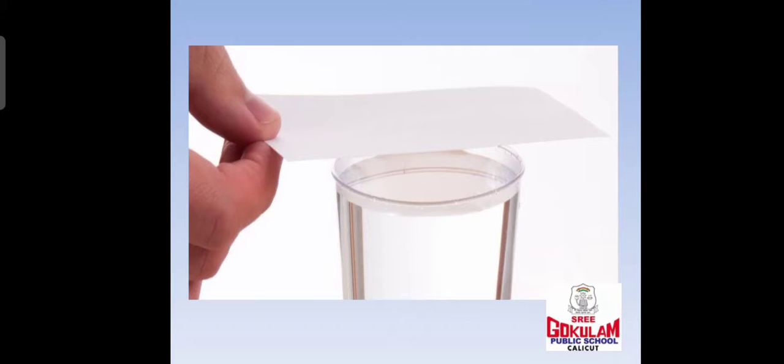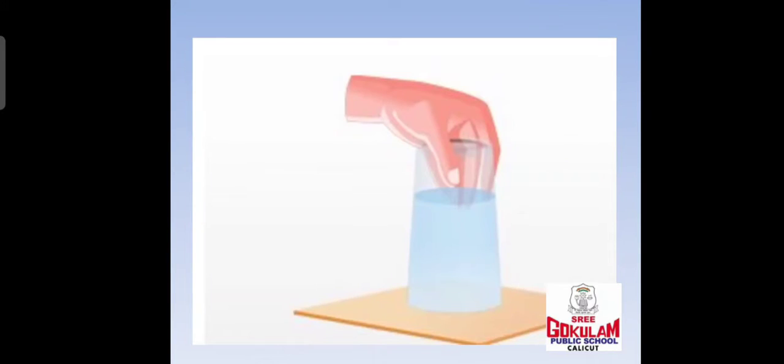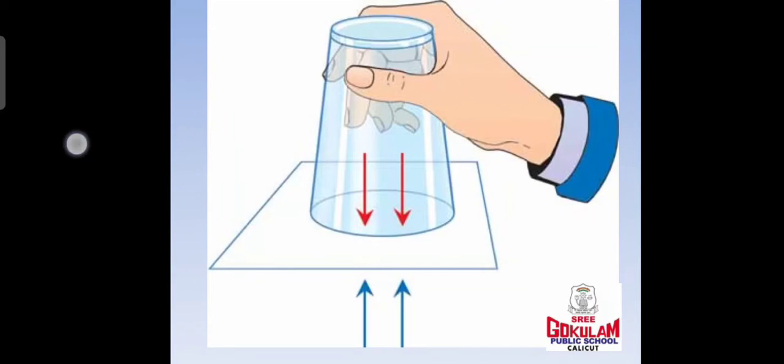Hold the card in place with your hand and turn the glass upside down. Remove your hand. You will find that the card stays in place and the water does not flow out. This is because air exerts pressure on the card from below to keep the card in place.